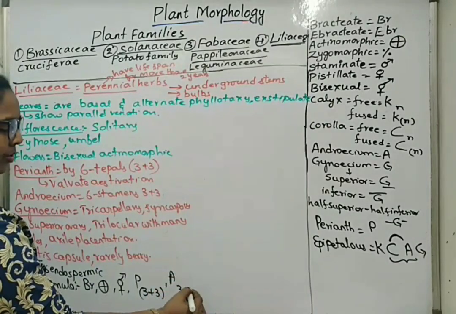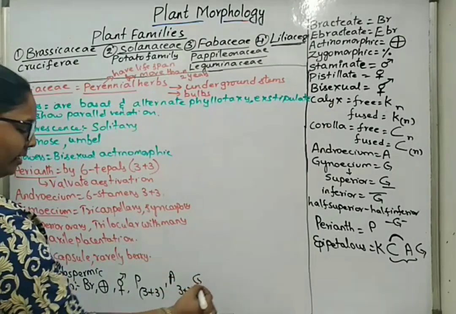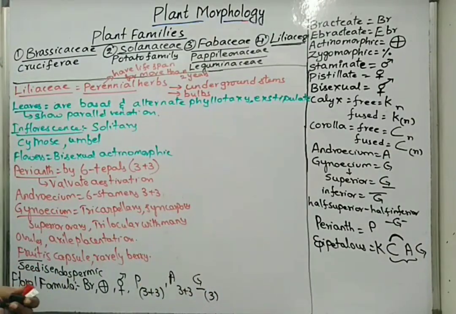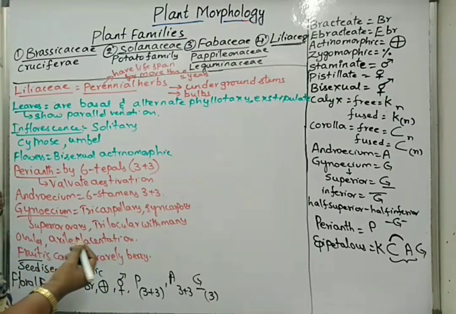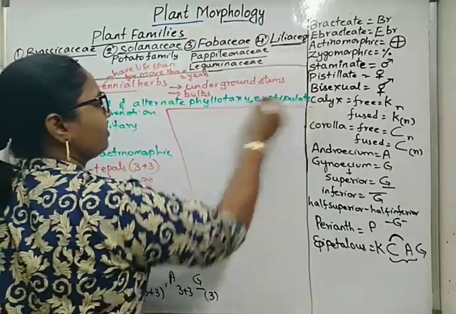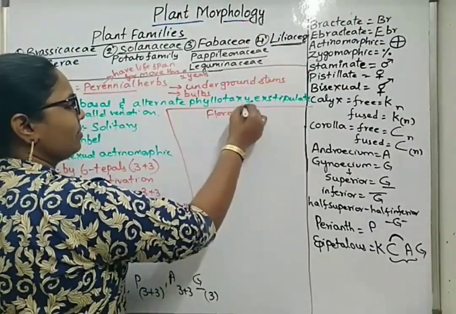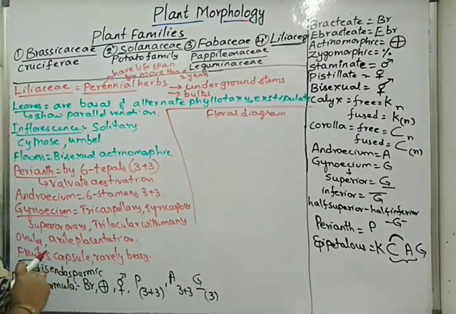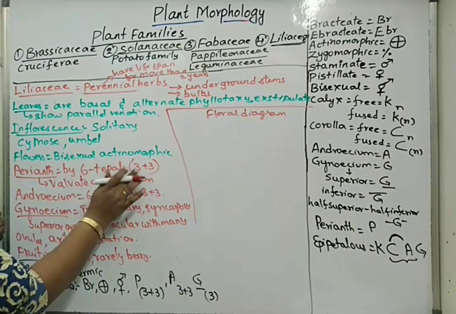Androecium has 2 whorls of stamens, and gynoecium is superior with 3 locules. Next, coming to floral diagram. It is fused, so we are showing here a 3 plus 3 arrangement.